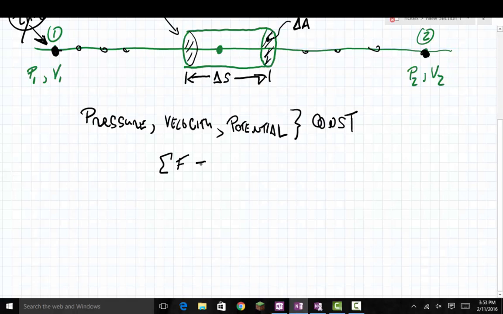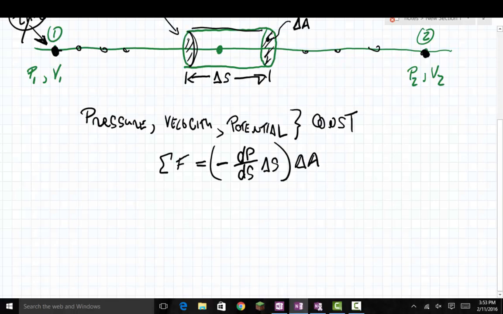And we found that when we did it, it was minus dp ds times delta s. That was the pressure, and we had to multiply that by the total area of the sides of the volume.